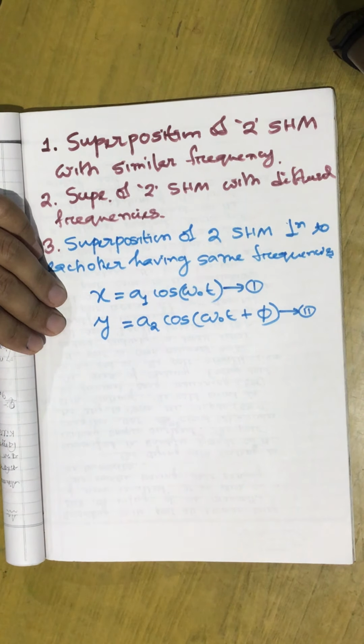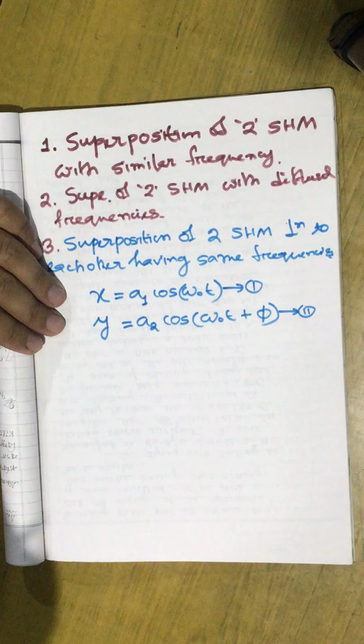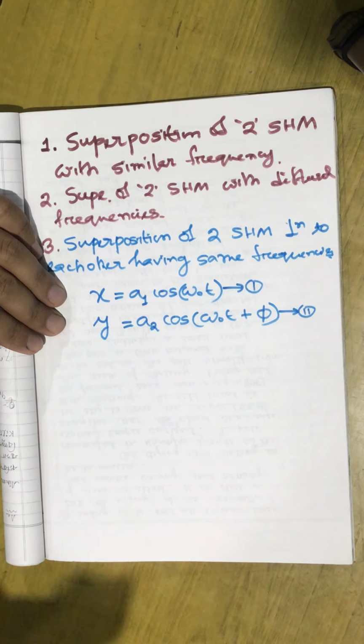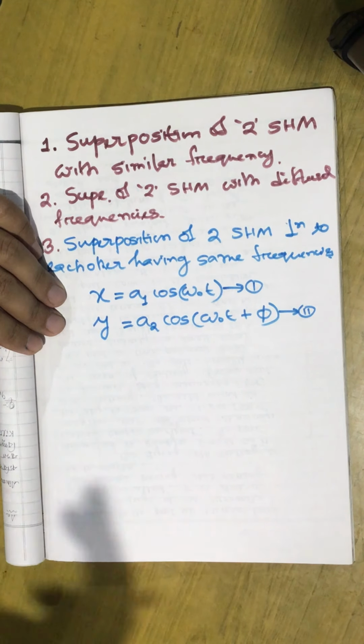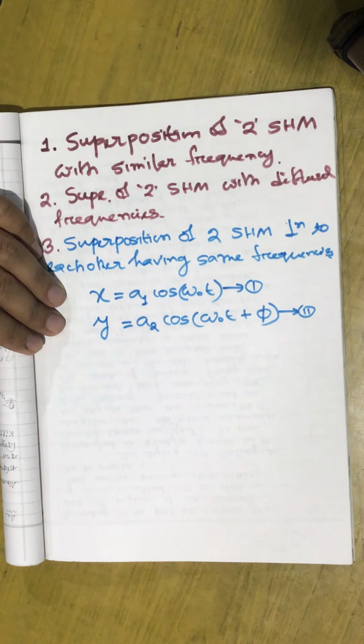From here you can understand what is elliptical polarization, circular polarization, and plane polarization. Every polarized light basically consists of a superposition of two waves perpendicular to each other, having different phase differences. You will see this at the end of the derivation.